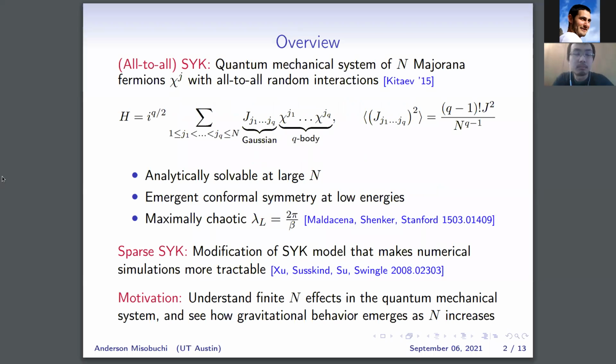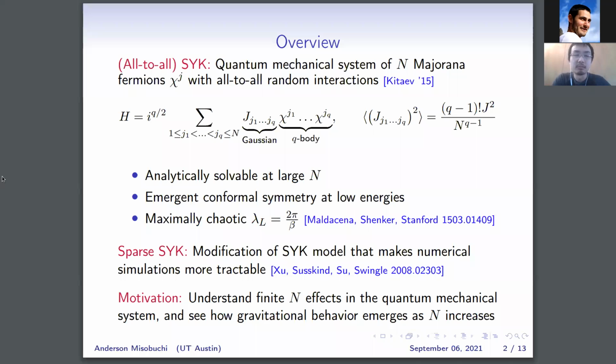So the SYK model has been around for several years already. It's a quantum mechanical model that serves as a holographic model in lower dimensions.